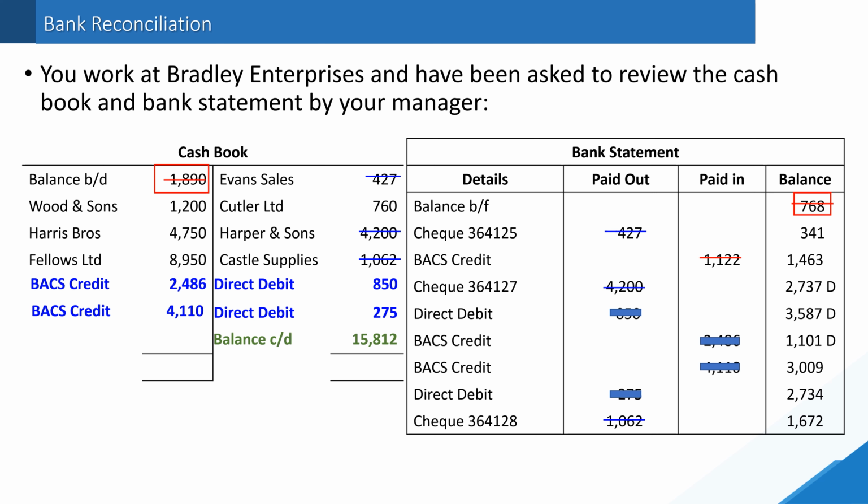Having inserted that balance carried down, I have then two totals that agree. That is step 4. And step 4 still highlights that I have a problem, because the balance carried down of £15,812 still doesn't agree with the closing balance of the bank statement, which is believed to be £1,672, so quite a significant difference.